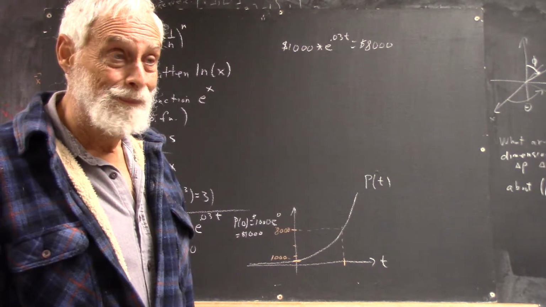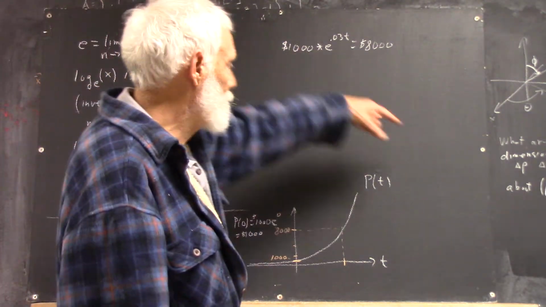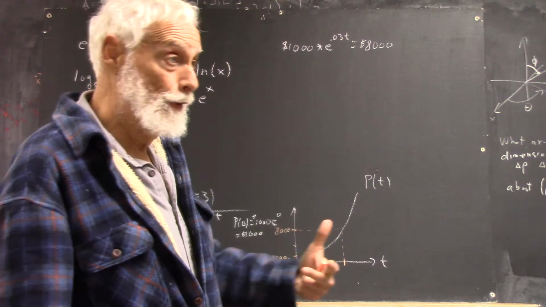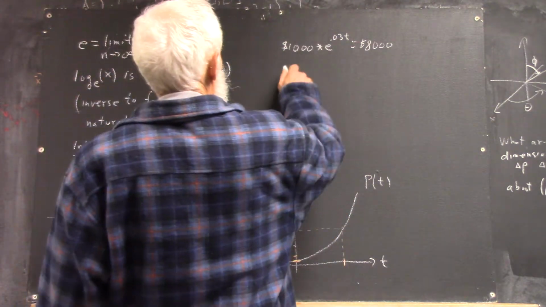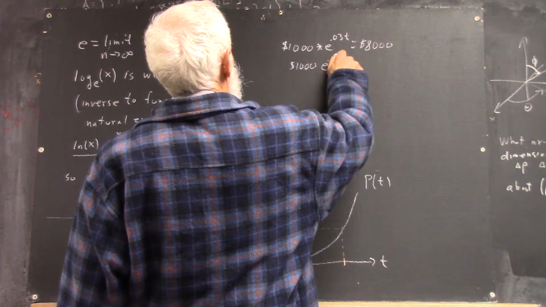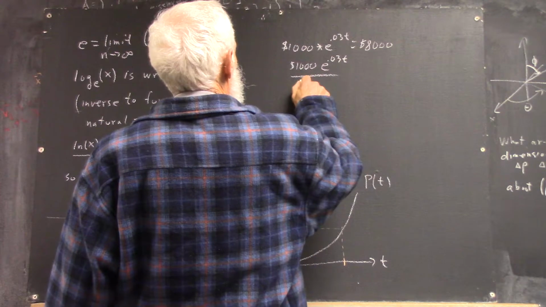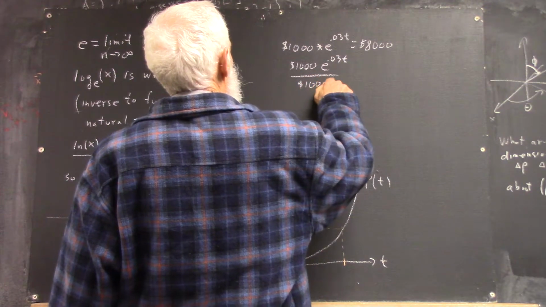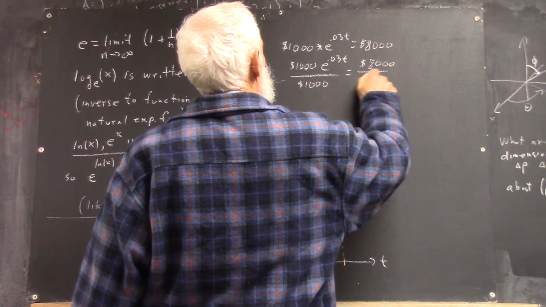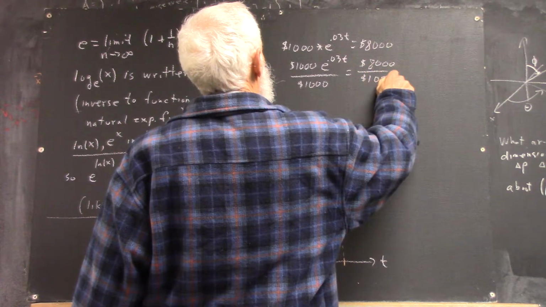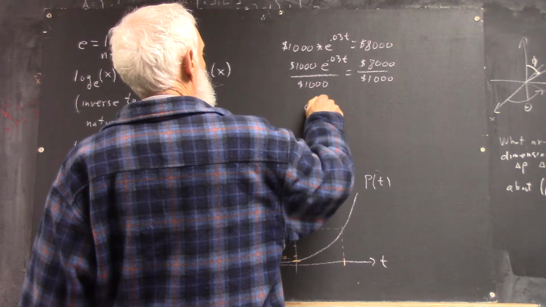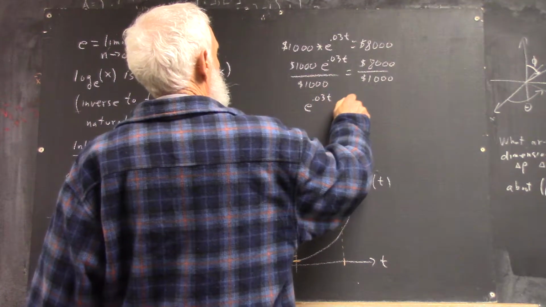If you subtract 1,000 from this, you don't end up with e to the 0.03t, but if you divide by 1,000, you do. So you do this, you get e to the 0.03t equals 8.